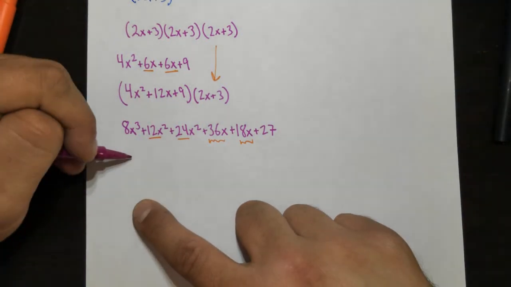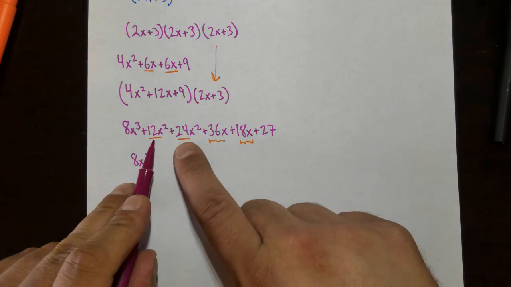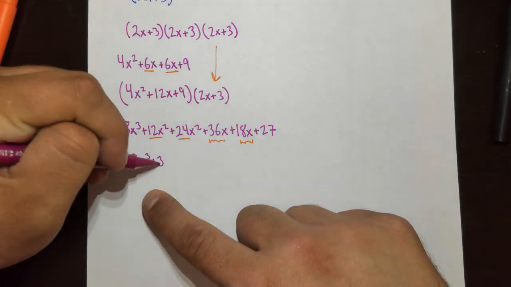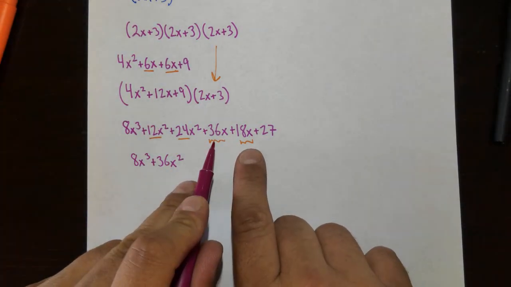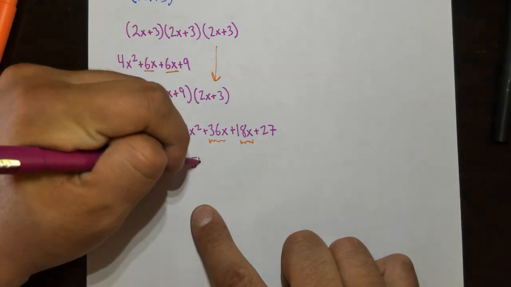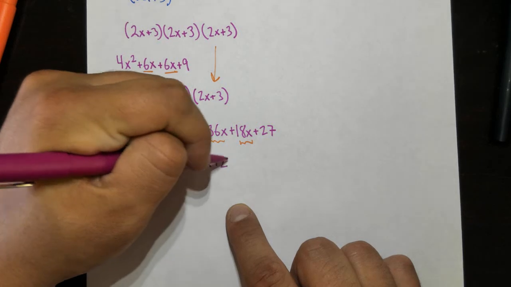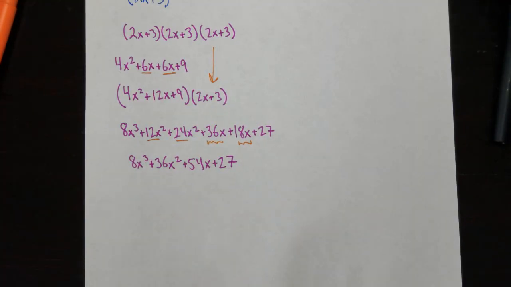So we're going to end up with 8x cubed plus 36x squared plus, oh boy, 54x, then plus 27. And that's it. That's the expanded version.